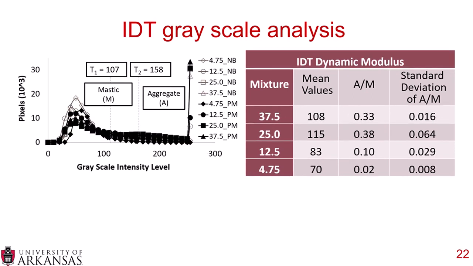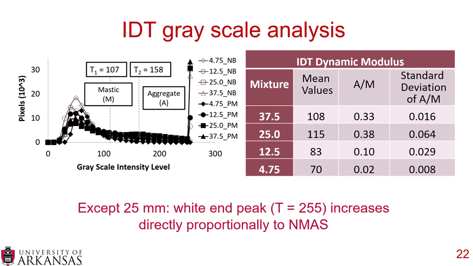Now pivoting to the next geometry, the IDT grayscale geometry, again the same configuration here. You can see the curves on the left and then the table on the right, and you see a very similar trend where there seems to be some sort of peak value, and this is more apparent with the IDT specimen size at 25 millimeter nominal maximum aggregate size. Except at the 25 millimeter, the white end peak, so that T equals 255, actually increases directly proportionally to the nominal maximum aggregate size.